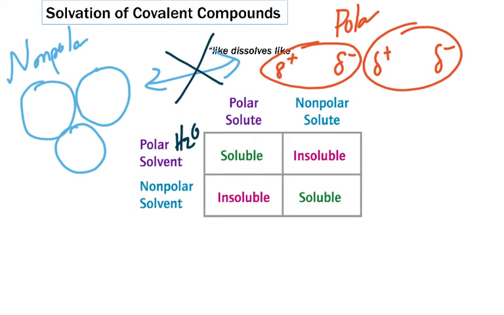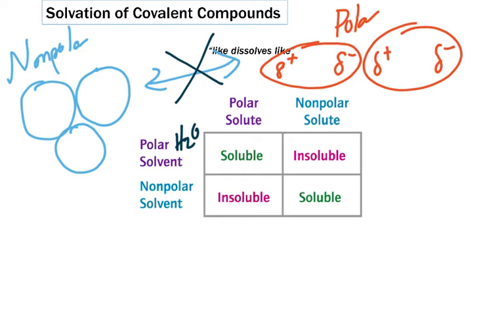Methane is highly symmetric and nonpolar. That will not dissolve in water. It'll separate out. There'll be a nice clear boundary between. But a nonpolar solute would dissolve in a nonpolar solvent.